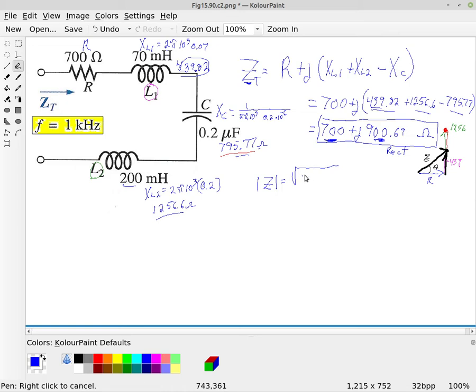Using Pythagoras' theorem, we'd have 700 squared plus 900, 900.69 technically, squared, and then take that square root, and that would give us the absolute value.